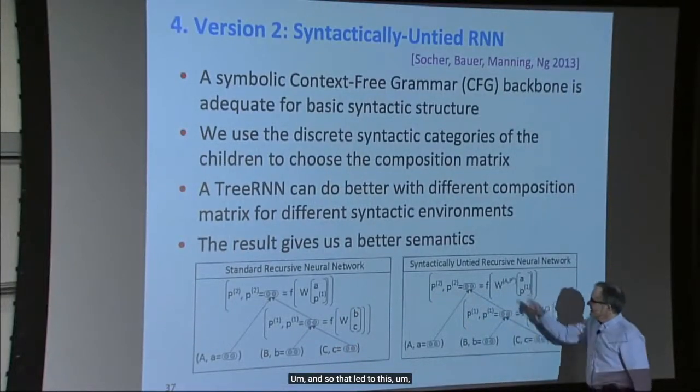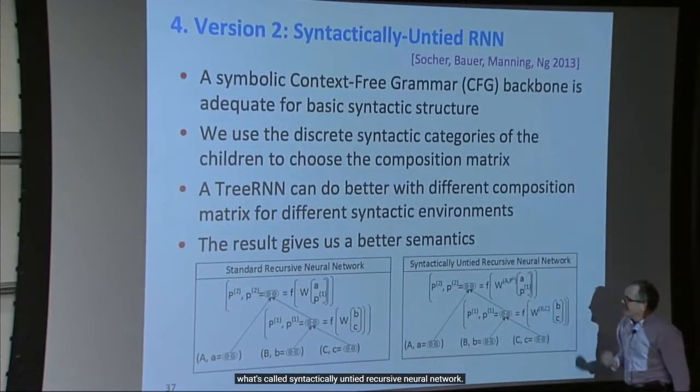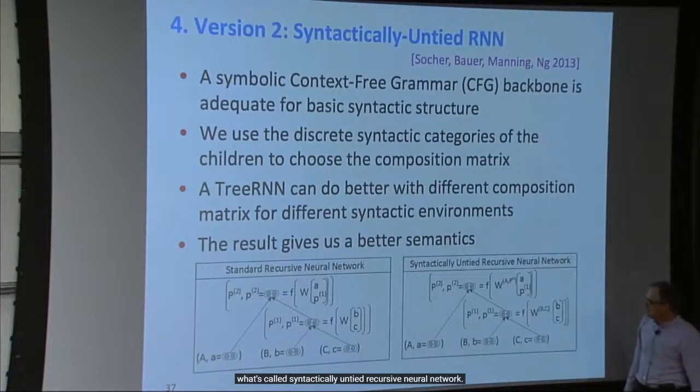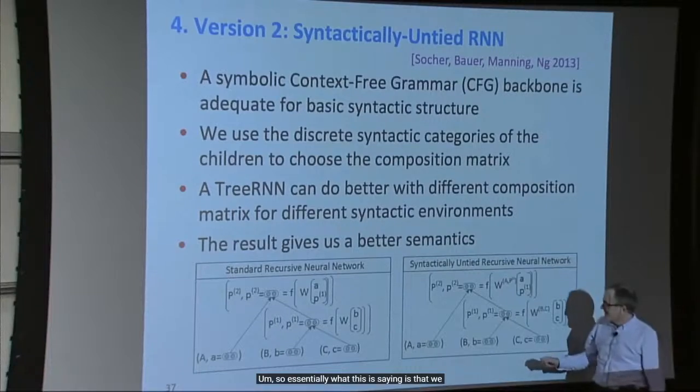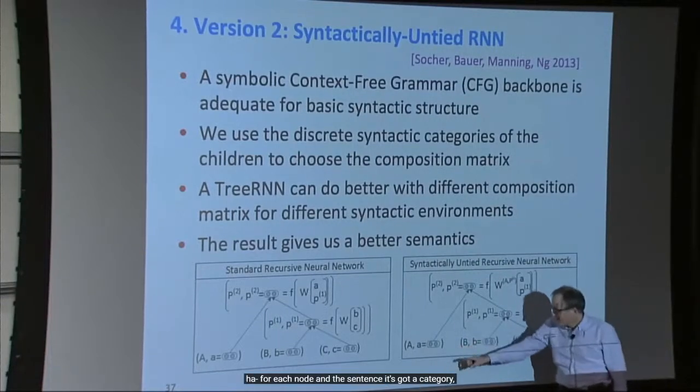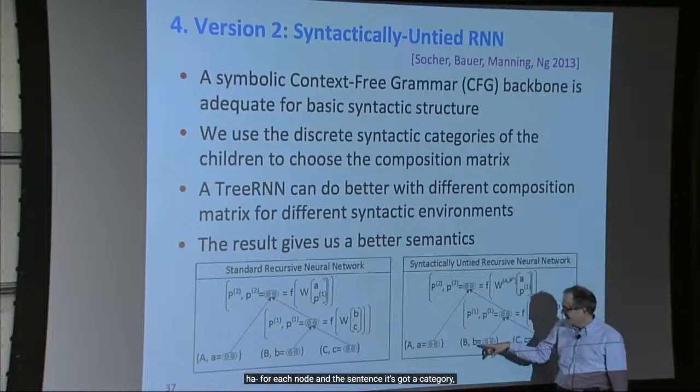And so that led to what's called the syntactically untied recursive neural network. So essentially what this is saying is that for each node in the sentence, it's got a category of a symbolic context-free grammar.